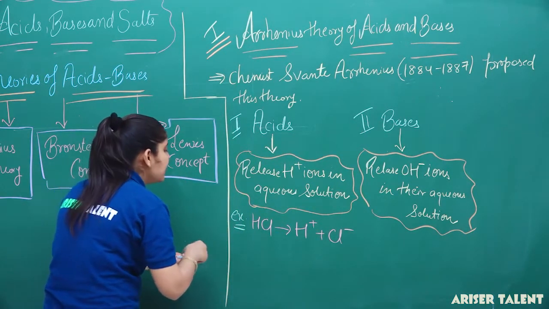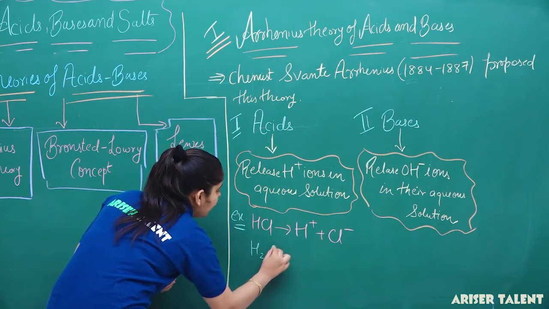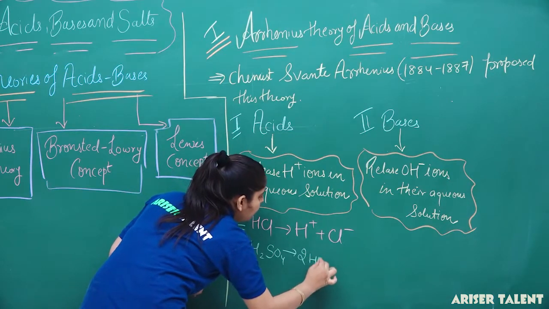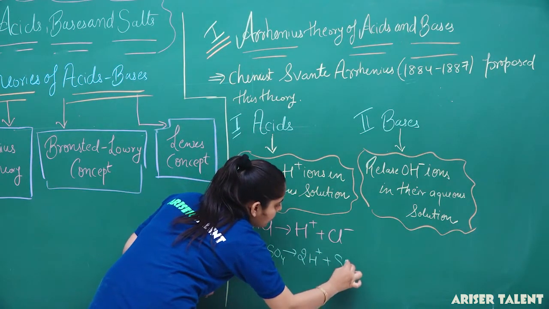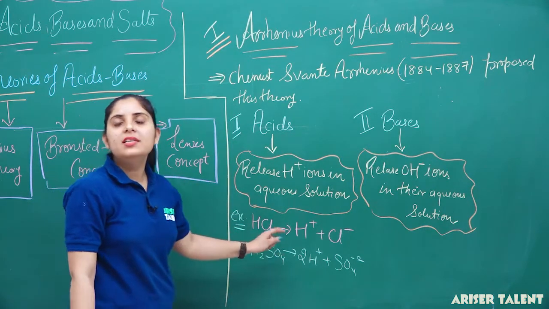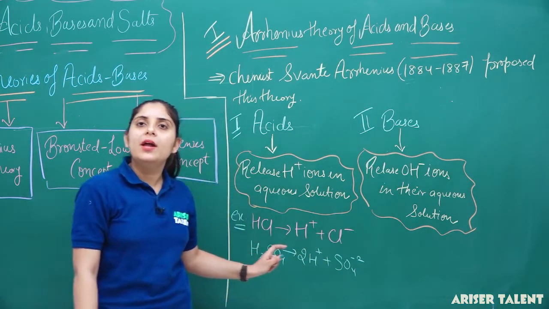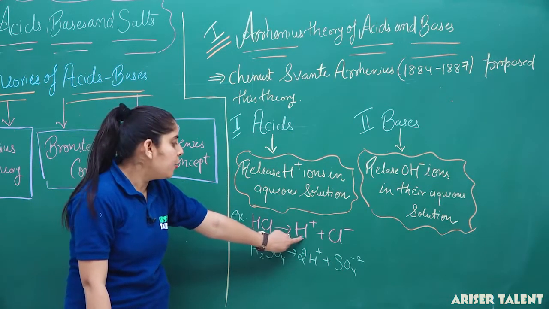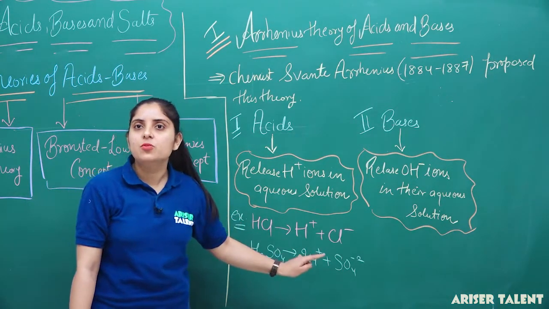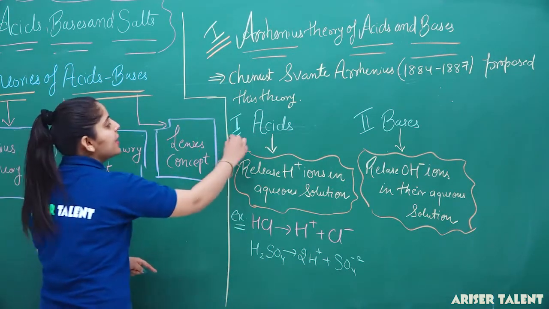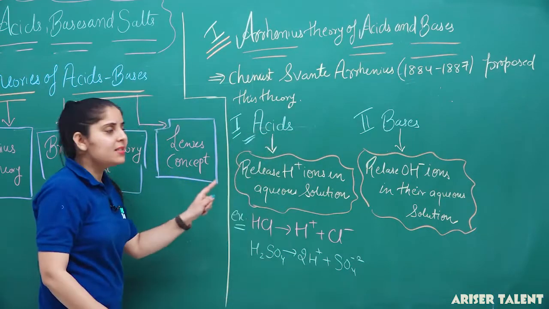Similarly, H2SO4 will dissociate into 2H positive plus SO4 minus 2 ions. On dissociation of hydrogen chloride and sulfuric acid, we get H positive ions in the product side. So HCl and H2SO4 are considered in the category of acids.